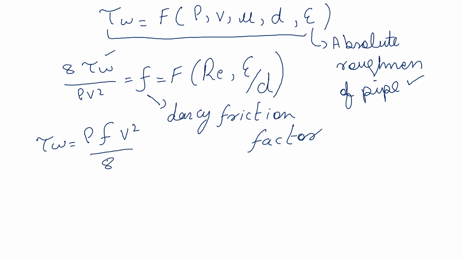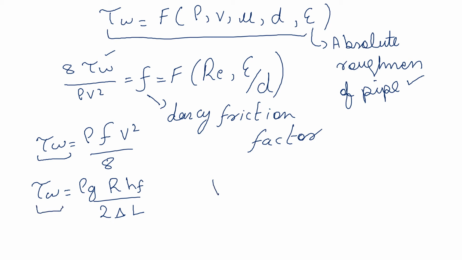We had another term for the wall shear stress from comparing the energy and the momentum equation, and that was tau W equal to rho g R hf over 2 delta L. By comparing these two equations, we will get another term: rho g R hf over 2 delta L is equal to rho times the Darcy friction factor times V square over 8.